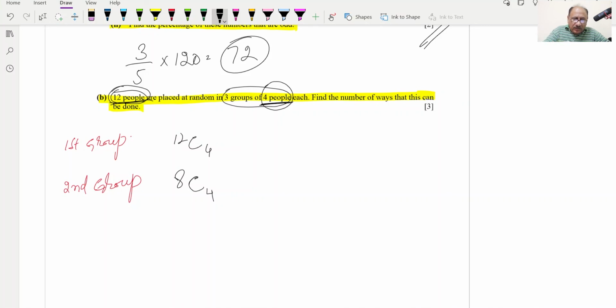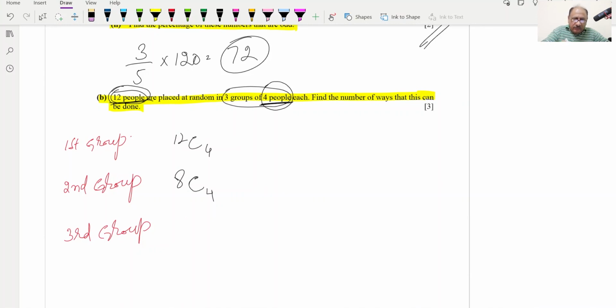Now we can write for the third group. We know 8 we have already chosen in the first and second groups. Now the remaining are 4, and from 4 we have to choose 4.